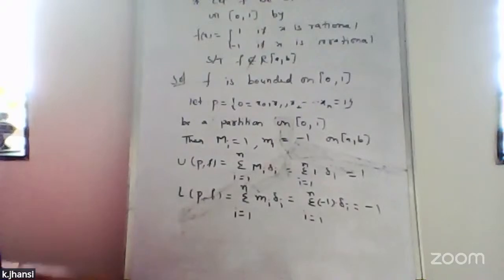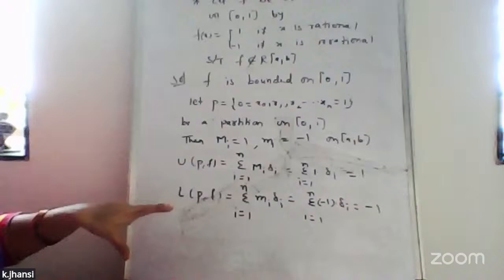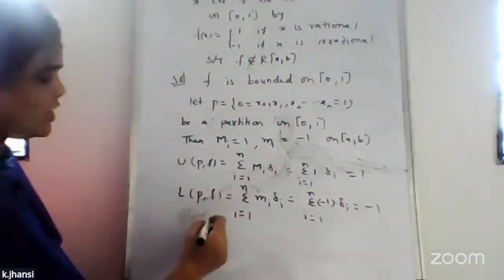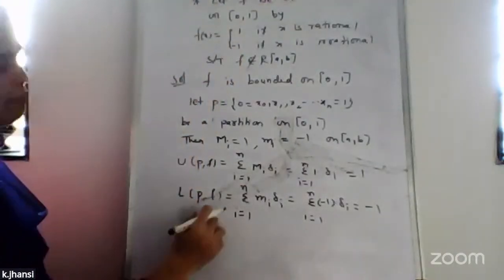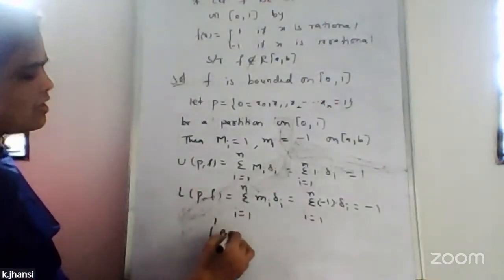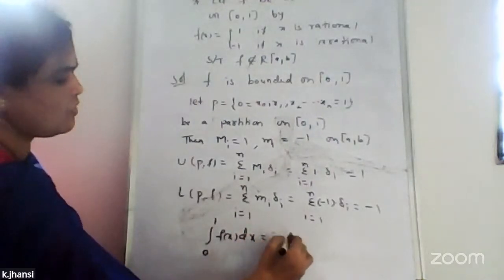We know that to show that a function is Riemann integrable, the upper Riemann integral and the lower Riemann integral should be the same. Here the lower limit is 0 and the upper limit is 1.